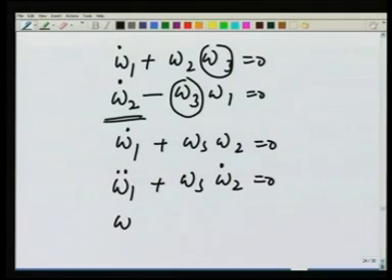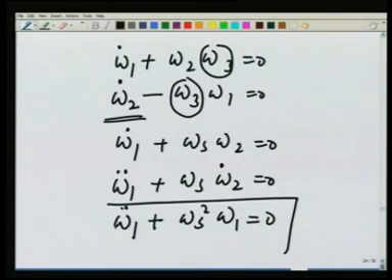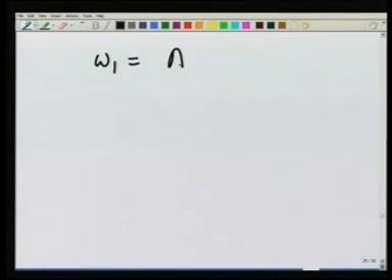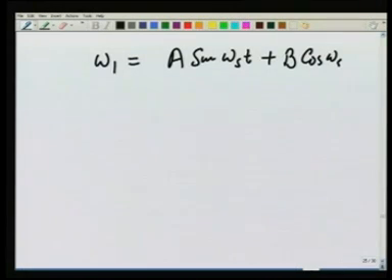Therefore, I have omega 1 double dot plus omega spin square omega 1 is equal to 0. This is the equation that determines omega 1. And you see this is the harmonic oscillator equation, therefore the solutions are that omega 1 should be changing as some constant a sine of omega s t plus some other constant b cosine of omega s t.